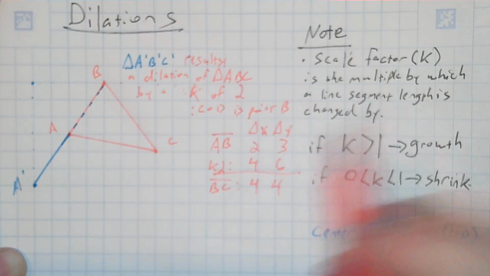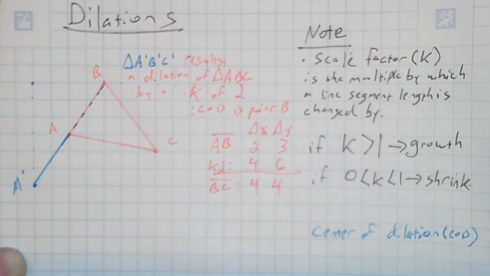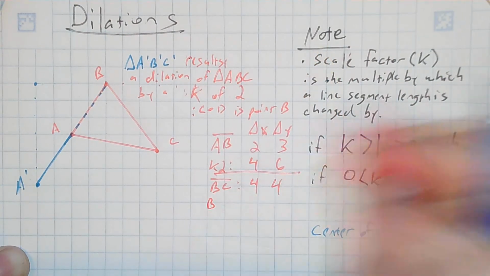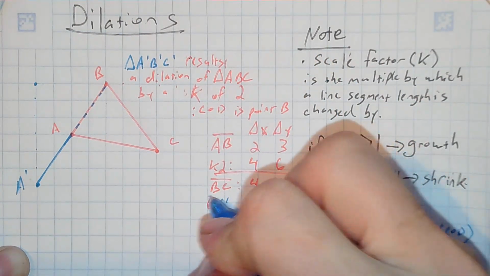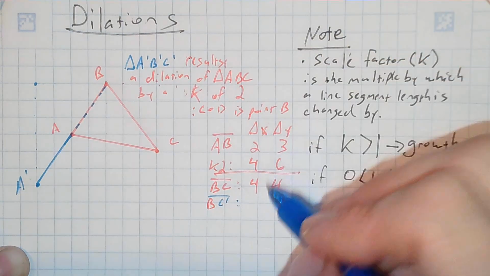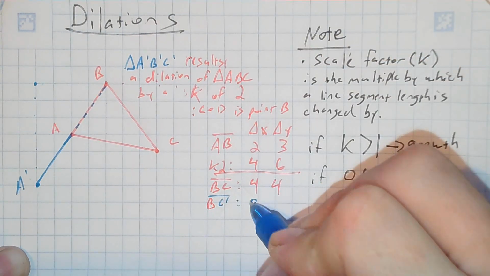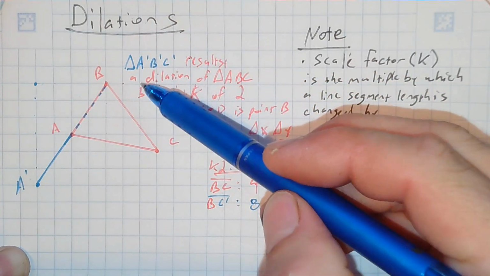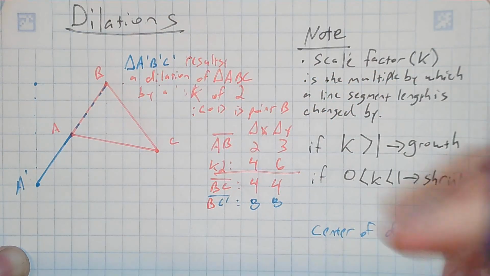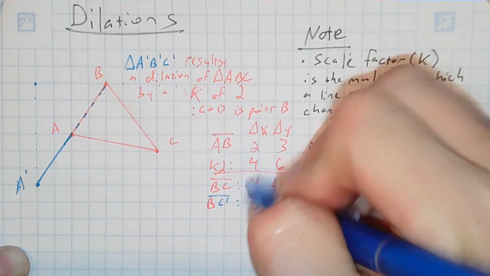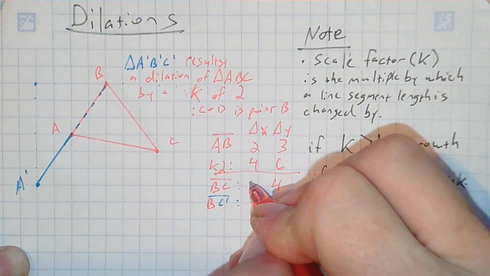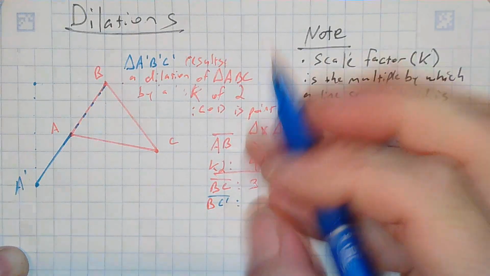So now if I apply the scale factor of 2 to that, the new line segment BC prime is going to be double that, which is 8, and double that, which is 8. Did I count that right? 1, 2, 3. I didn't count that right. B to C didn't look like a square. It's 3. So this is going to be 6.